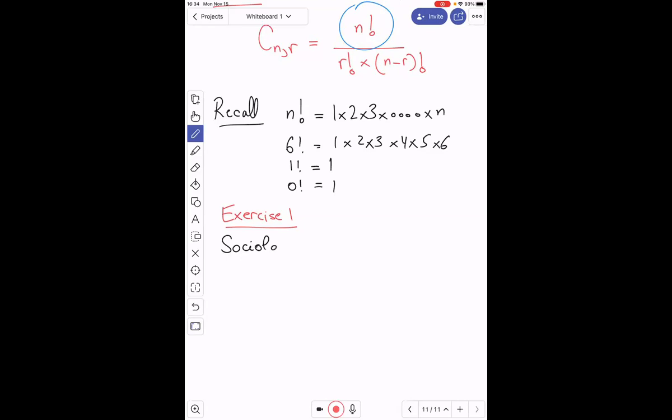Sociologists say that 90%, so this is from the textbook, of course, 90% of married women dislike their mother-in-law.